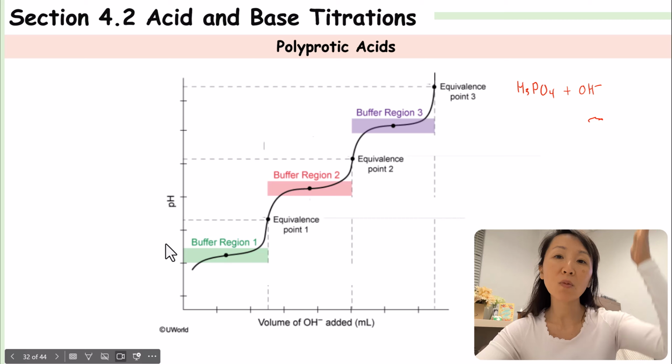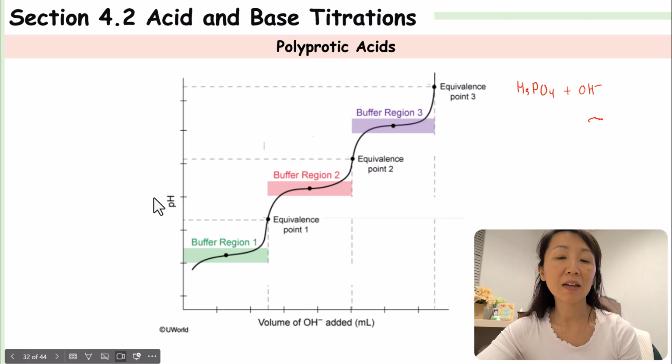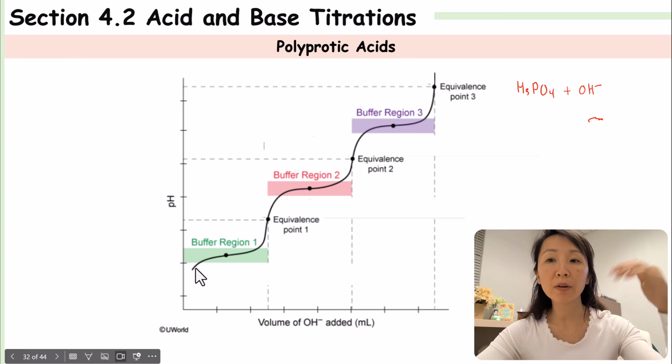If you look at the y-axis, that's the pH, and the x-axis is the OH. So in the very beginning, you're only left with the phosphoric acid, so you only have this particular entity in this corner right here.